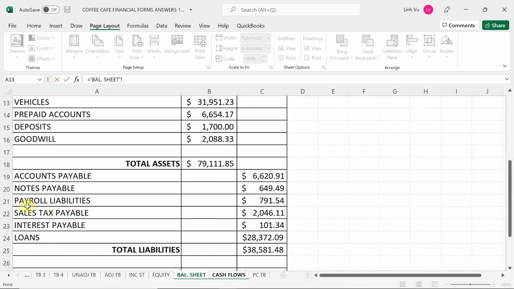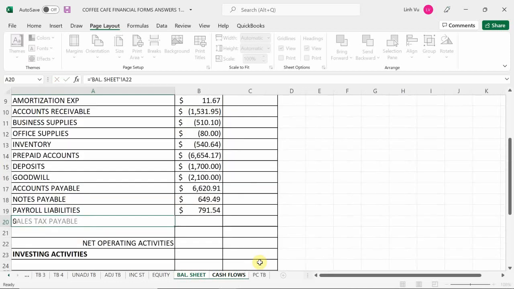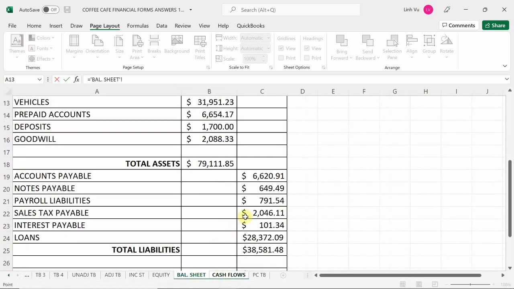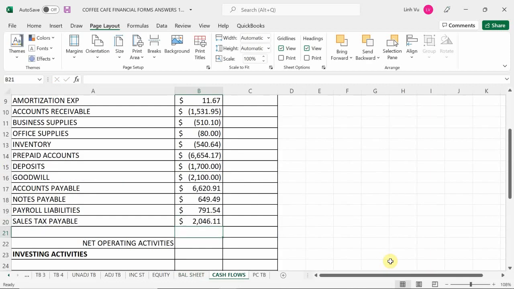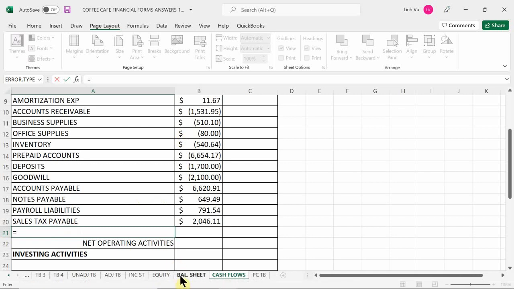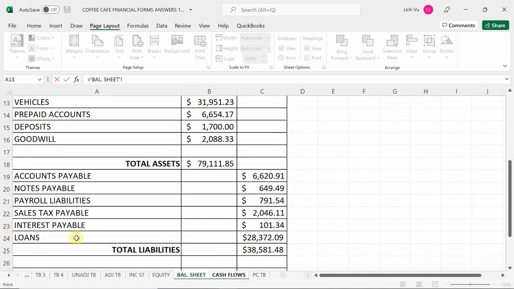And then let's see what else. Did you pay for sales tax? Not yet. We still have this money because we haven't made a payment yet. Okay, we still have the $2,046.11. And then last but not least, did we pay the interest on the credit cards and the loan yet?